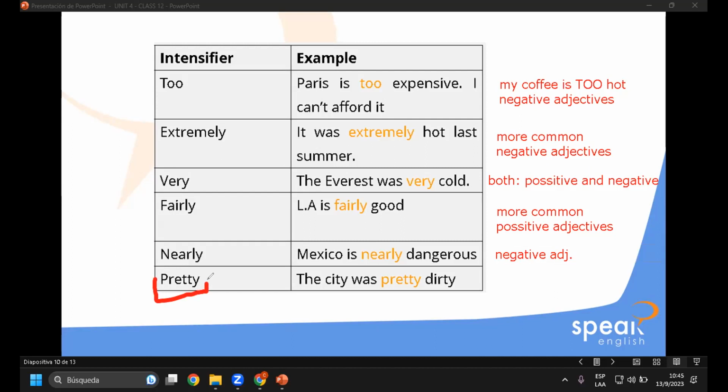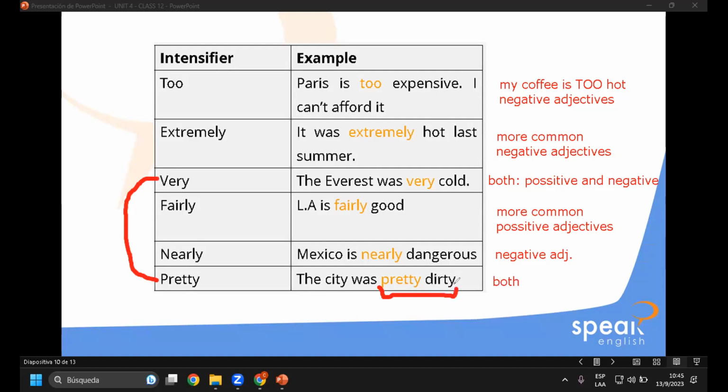But in this context, pretty is exactly the same as very, okay? And you can use it with both positive and negative adjectives. For example, my city was pretty dirty.